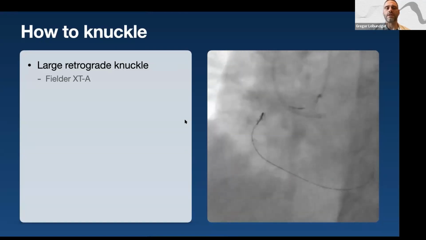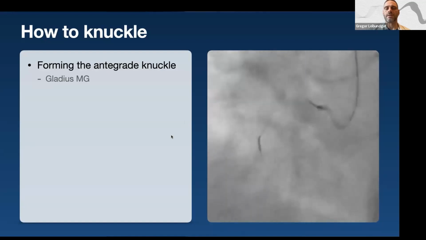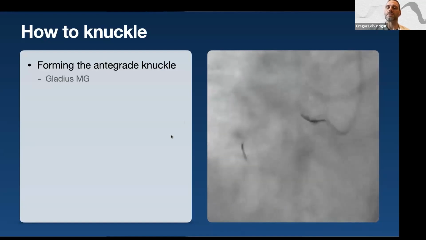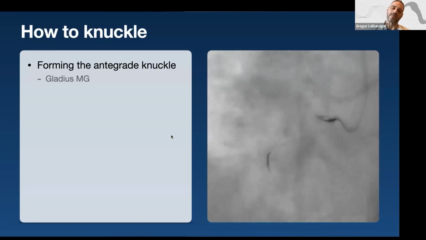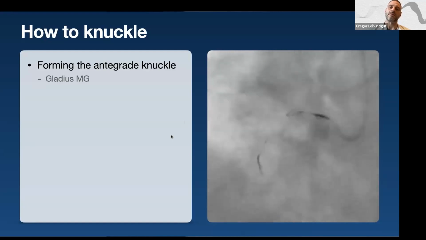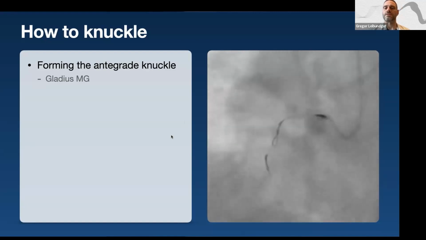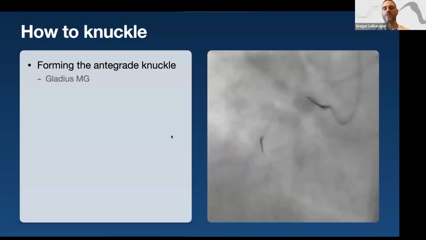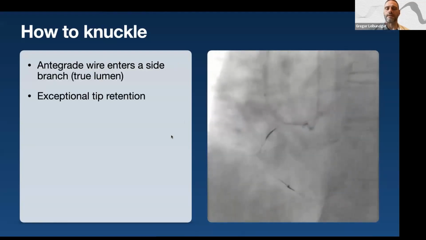Still tried to push here, but it didn't work. So then I came from antegrade with the Gladius MG, and you can also see it's a Gladius MG because it has this only very short radiopaque segment that is different to the Pilot, and you can see it folds this nice, much smaller and more powerful knuckle, and it joins the retrograde Fielder at that spot.